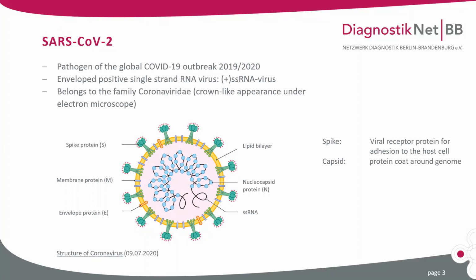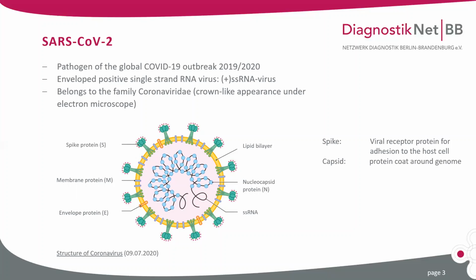It belongs to the family of coronaviruses, named for their crown-like appearance on the electron microscope. We will come to the family of coronaviruses in a bit. You see a sketch of the virus down there. We have several interesting proteins.